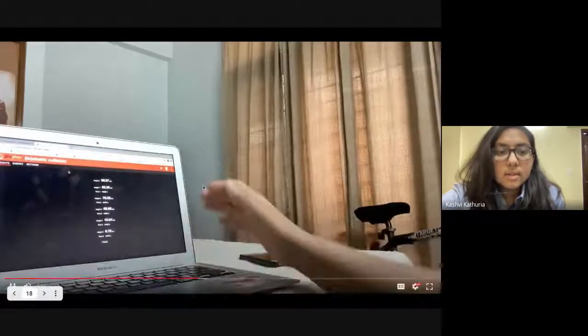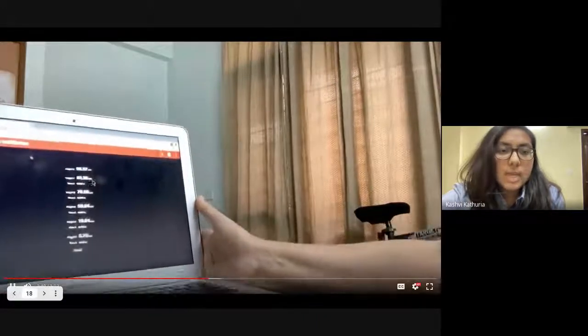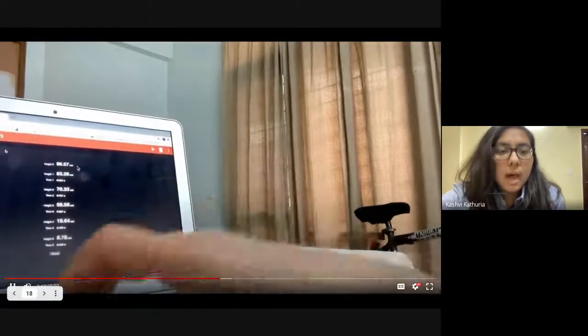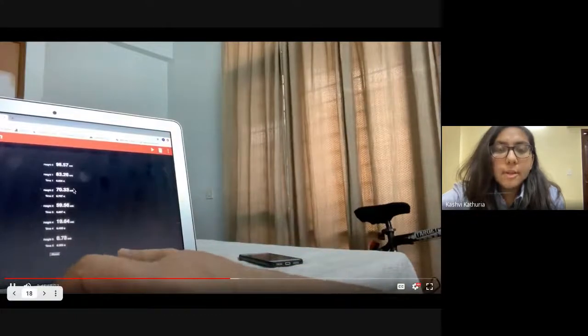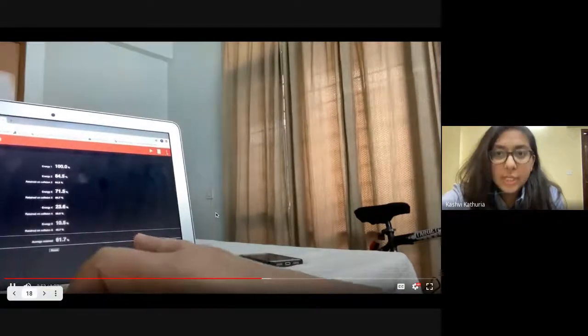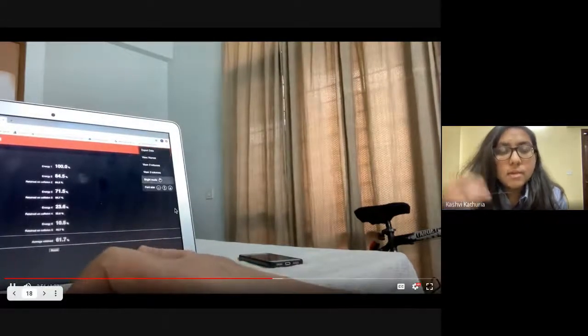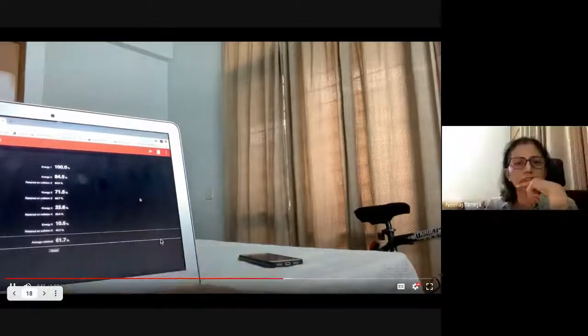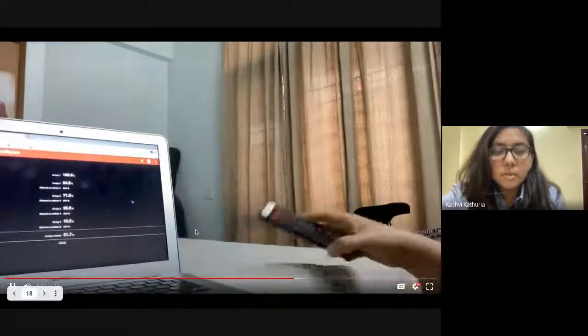So this is the data that you will be able to see. You will be able to see the height and the time for each bounce, or the time interval for each impact to happen. You can also view the percentage of energy with each bounce.